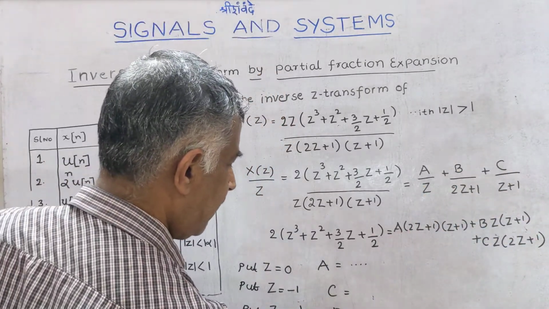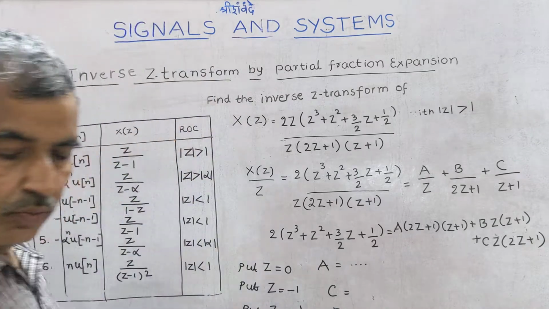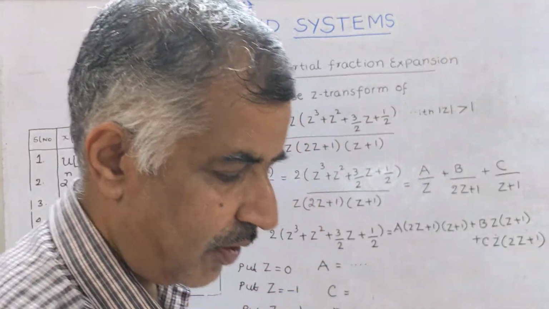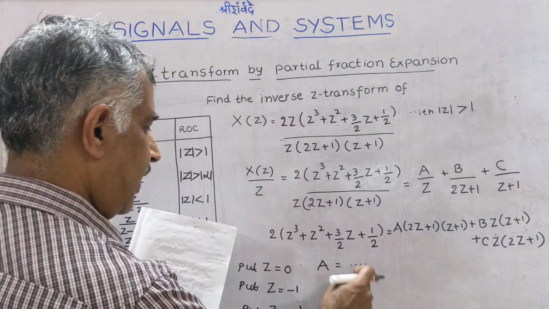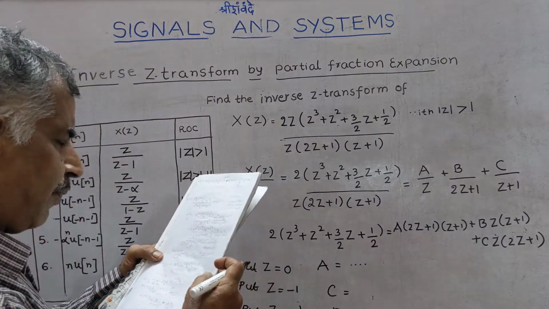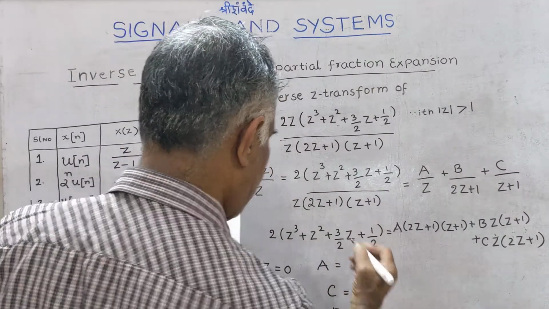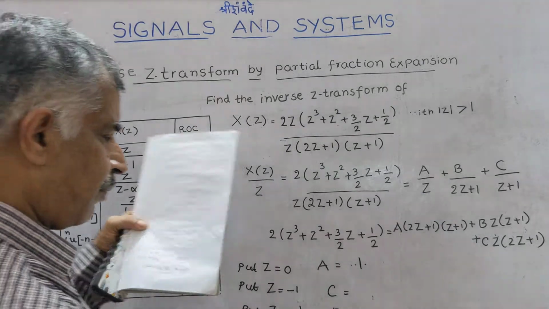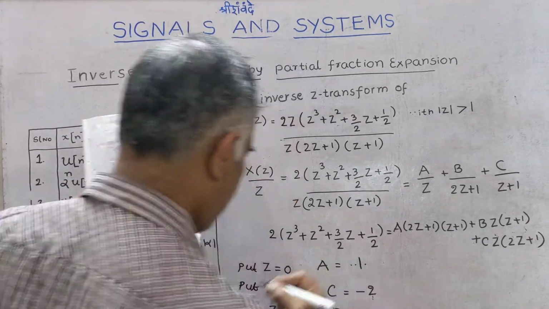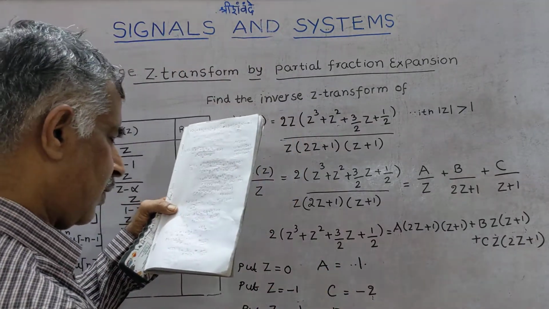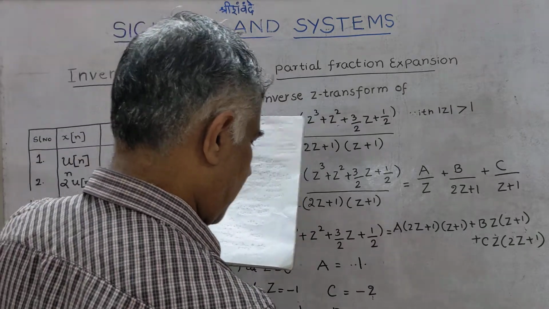Therefore, you can evaluate B. Now, the values of A, C and B are: A equal to 1, C equal to minus 2, B equal to 1.